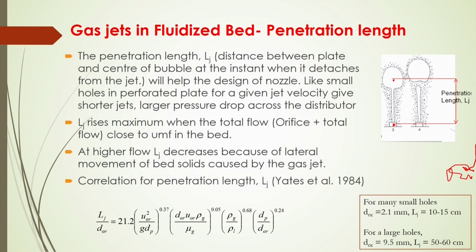This penetration length is actually the distance between the plate and the center of the bubble at the instant when it detaches from the jet, which will help the design of nozzles, like small holes in a perforated plate, for a given jet velocity giving shorter jets.